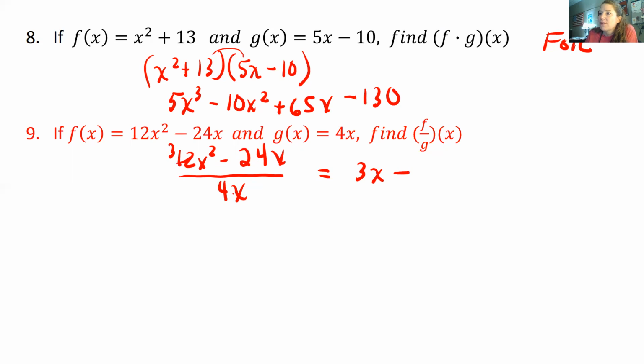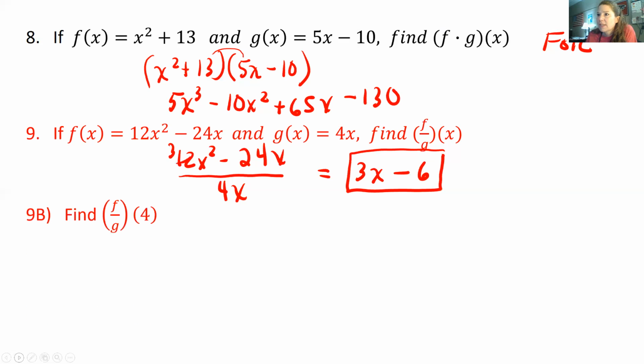Minus 24 divided by 4 is 6. And our x's cancel. And so that is our final answer. Oh, and now we're going to substitute 4 for x. So 3 times 4 is 12, and 12 minus 6 is 6. And that is our final answer for 9b.